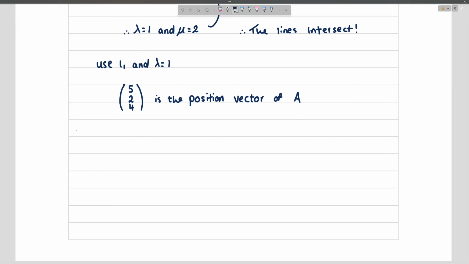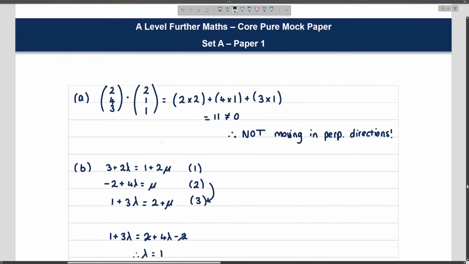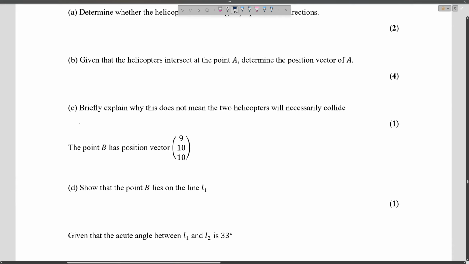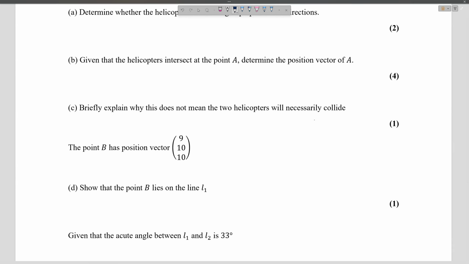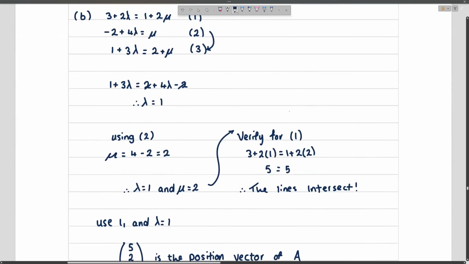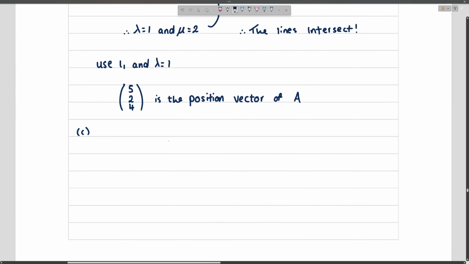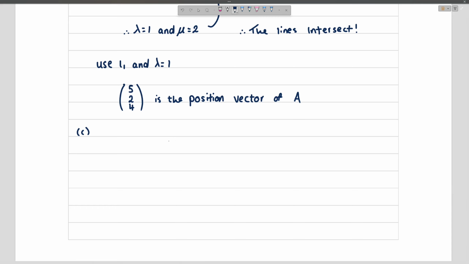Now, for part C, let's scroll up and read part C. It says, briefly explain why this does not mean that the two helicopters will necessarily collide. So what we're saying is that the helicopters do pass through the same point, but this doesn't necessarily mean that they pass at the exact same time. And that's all we need to mention here.